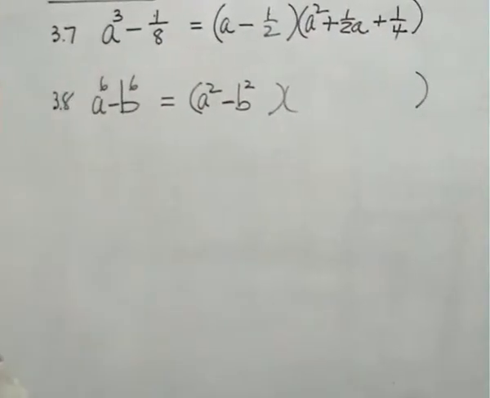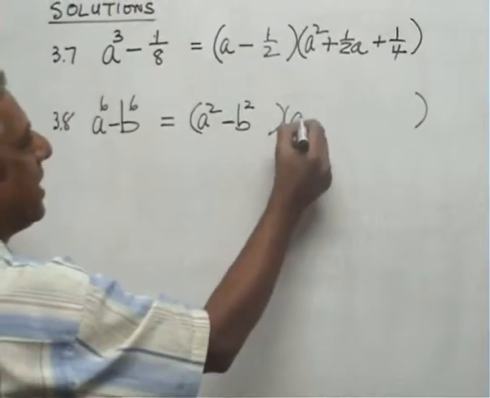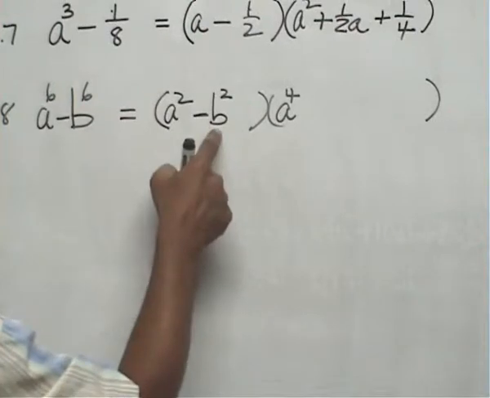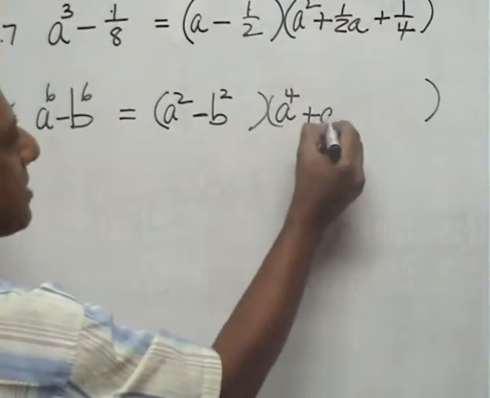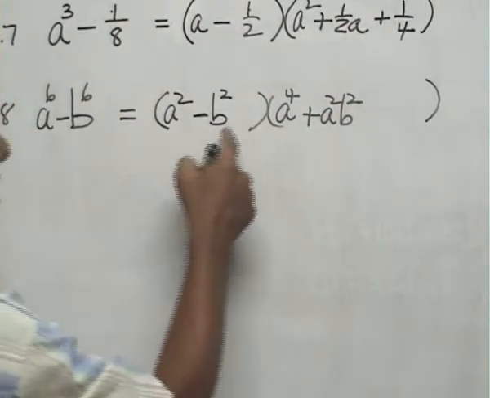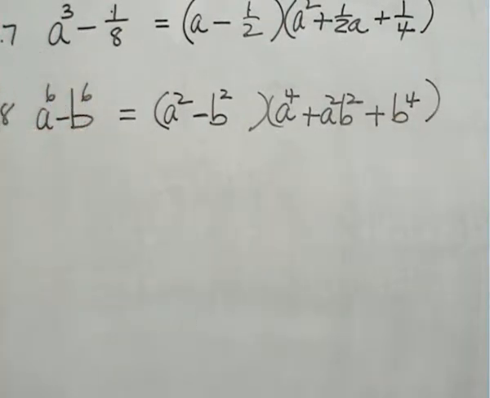Now what's here? You square a squared, you get a to the 4. Multiply these two, you get minus a squared b squared. Change the sign, plus a squared b squared. Square that, you get plus b to the 4.